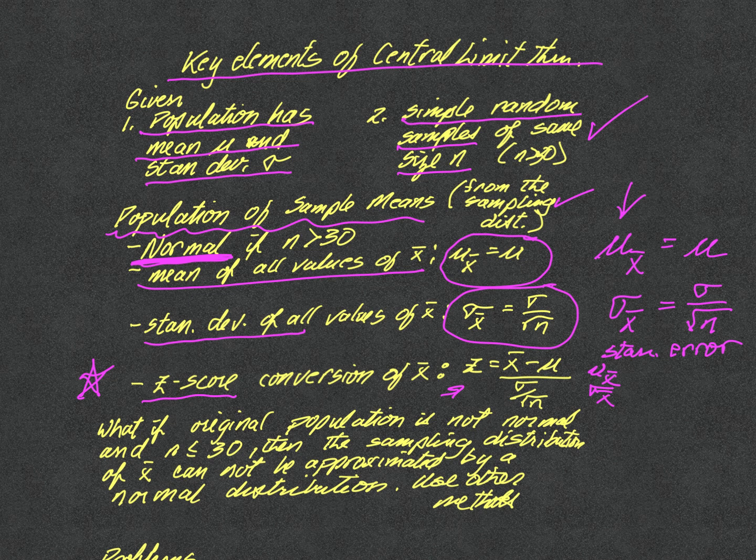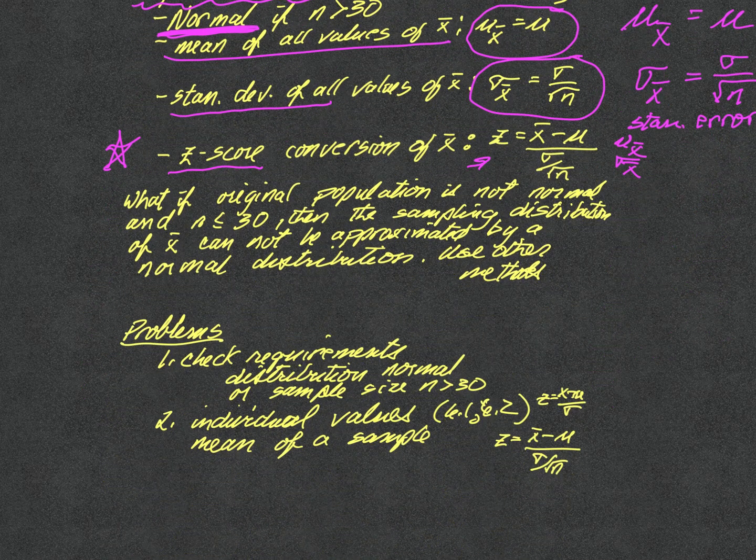Now, a couple of things we need to take into account as we move forward. What if the original population is not normal, and or the n values are less than or equal to 30? Then the sampling distribution of sample means cannot be approximated by a normal distribution.